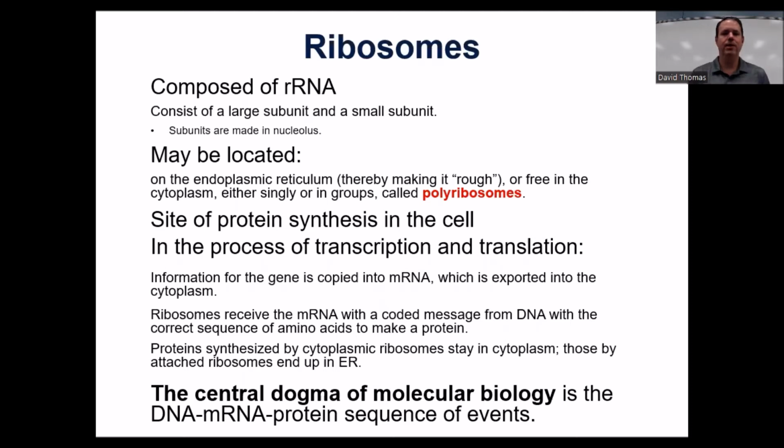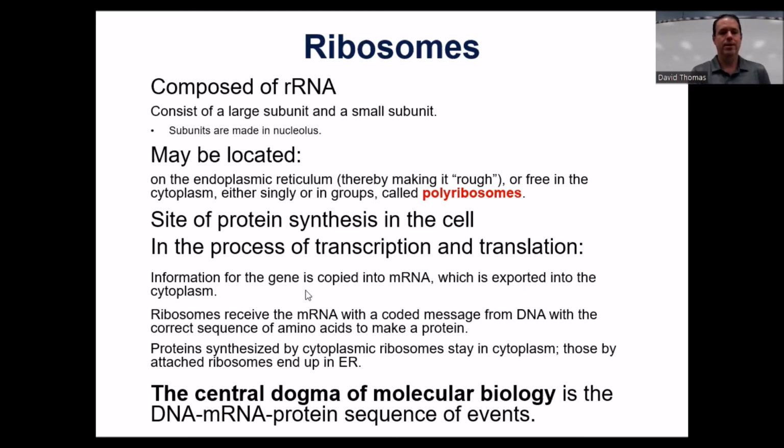All right, a couple main things about ribosomes. Number one, they are composed of RNA, a specific type of RNA called ribosomal RNA. They are located on another organelle that we're going to talk about in a little while called the endoplasmic reticulum.